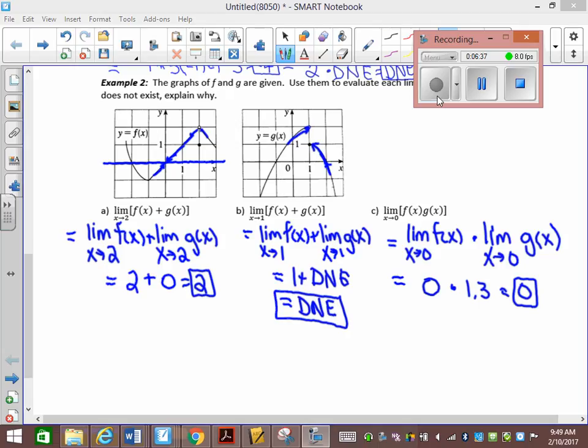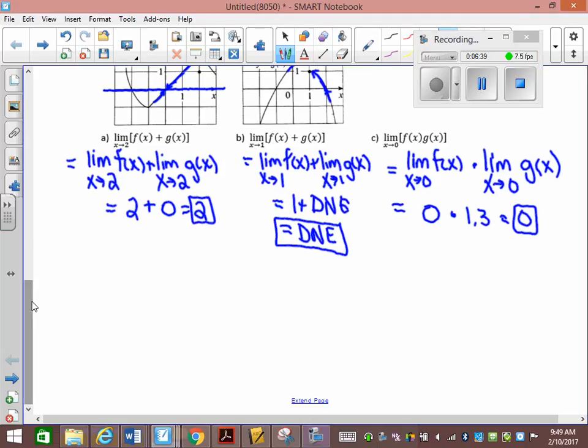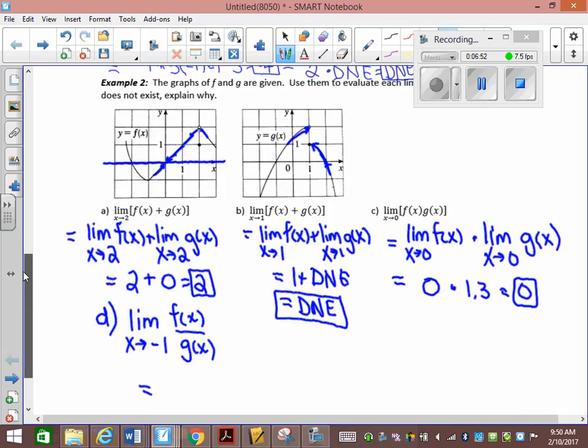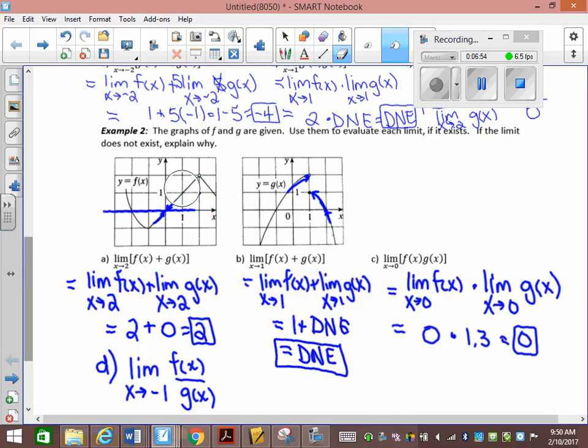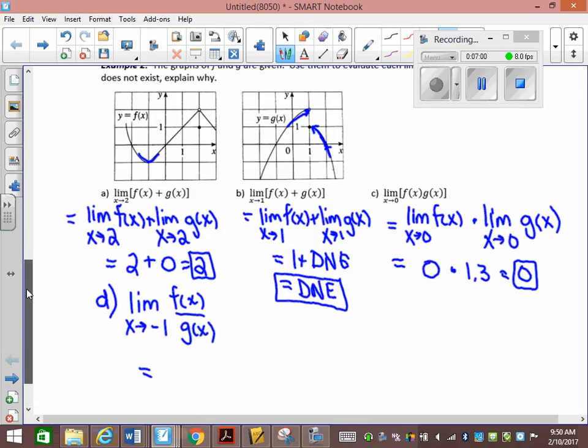The top of the next page is D, which is the limit as x approaches -1 of f of x over g of x. So it's going to be approaching -1 of f of x. When you approach -1 of f of x, they're both approaching -1, the left and right.